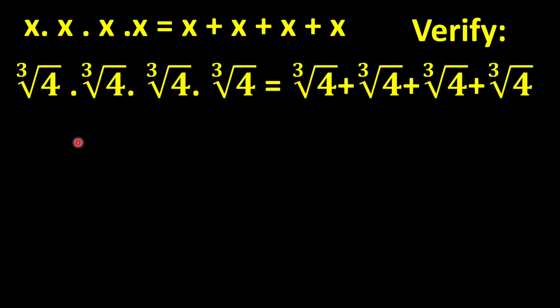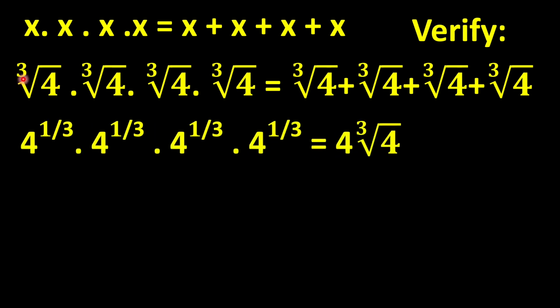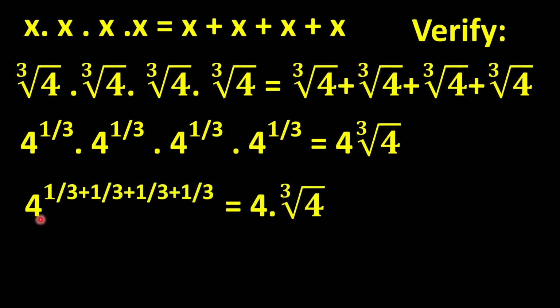Now because this is cube root, cube root can be written as like this, and this is 4 times, so we will add these, so this will become 4 times cube root of 4. And now according to the exponent rule, if we have the same bases, we will take a single base as common and add the powers.